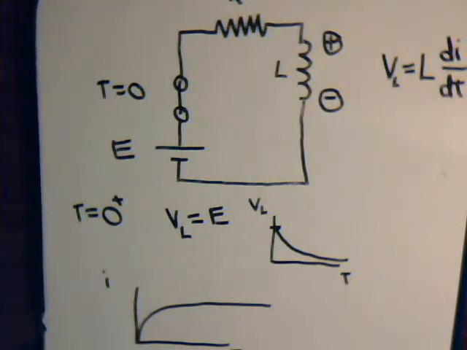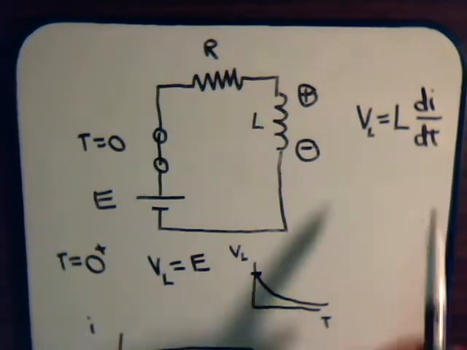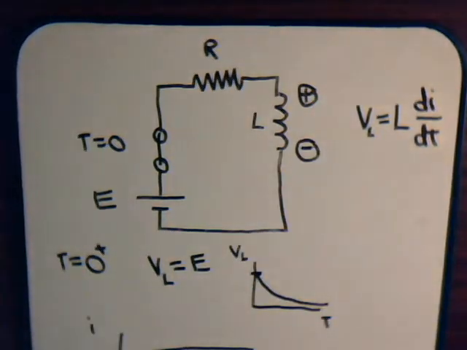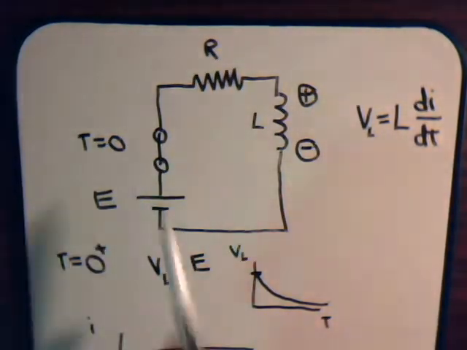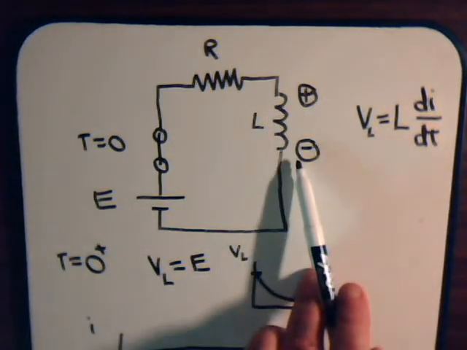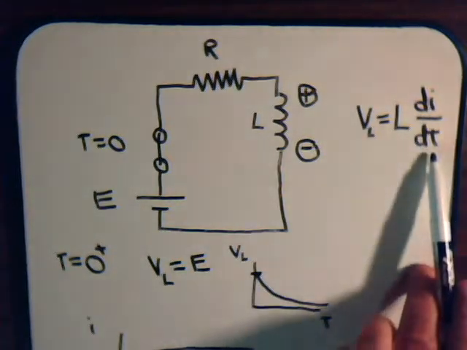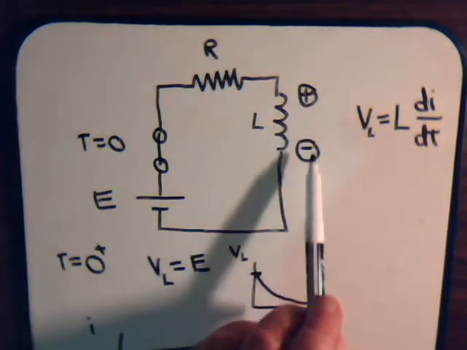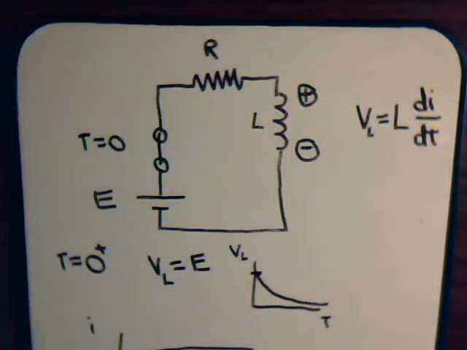Initially the rate of change of the current was large enough that the induced voltage equaled E instantaneously after the switch closed, but even though the current is increasing, its rate of increase becomes smaller and smaller, so this voltage drop becomes smaller and smaller, until finally there's a steady amount of current going through the coil, no change at all, and that value is just E divided by R.